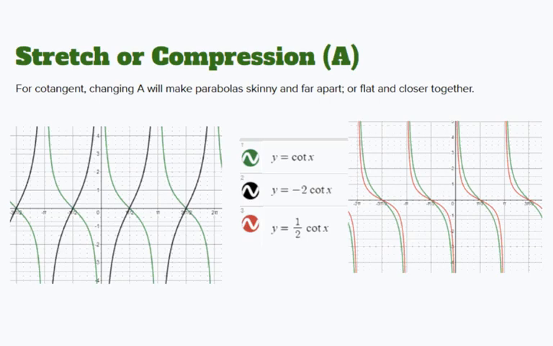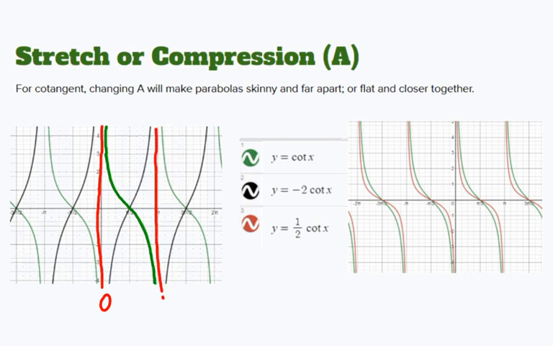Okay, on to cotangent. We talked about cotangent a little bit earlier. Now, looking at this, the normal cotangent function is here. Negative slope, and my asymptotes are at 0 and pi. Now, what I do is I do a compression or a stretch of that.